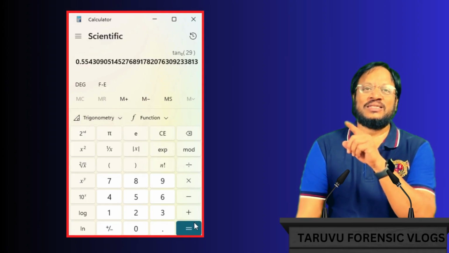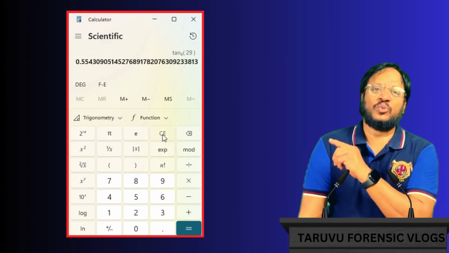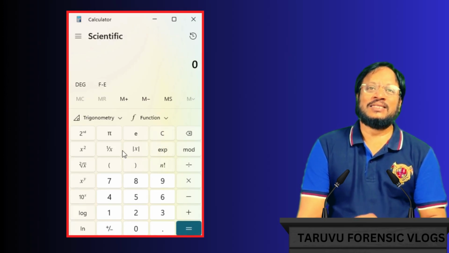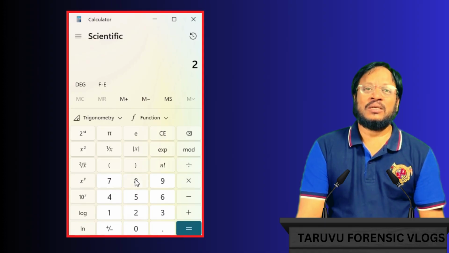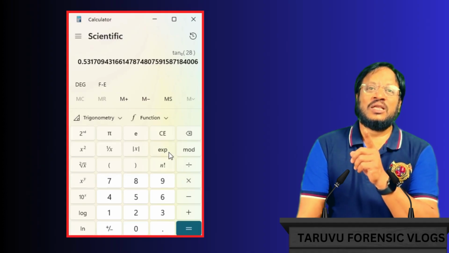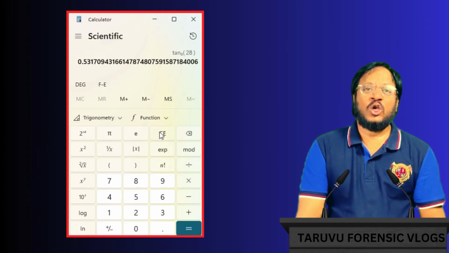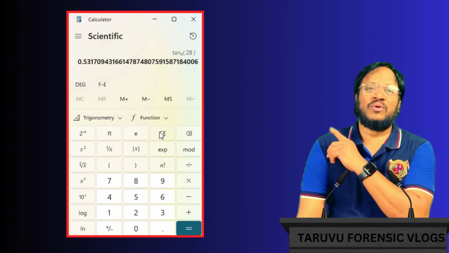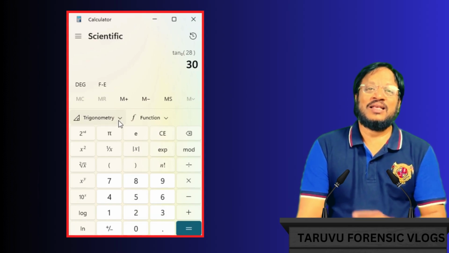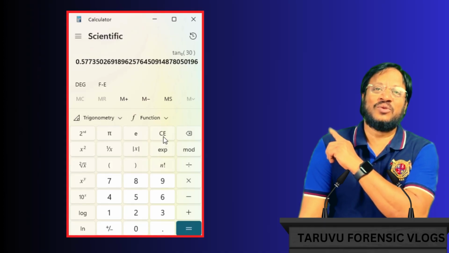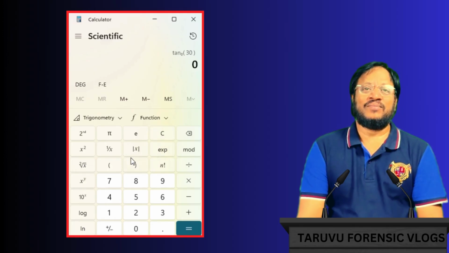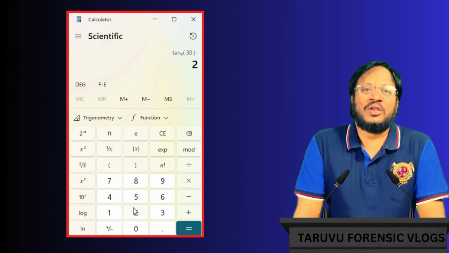Tan 25 degrees is equal to 0.4663. Here is the complete list from the data. Tangent of 26 degrees, 0.4877, 29 degrees, 0.5543, 28 degrees, 0.5317, 30 degrees, 0.5773, 25 degrees, 0.4663. Like this, we can calculate the tangent.